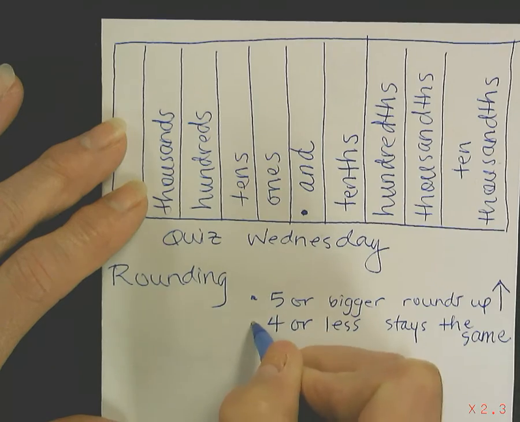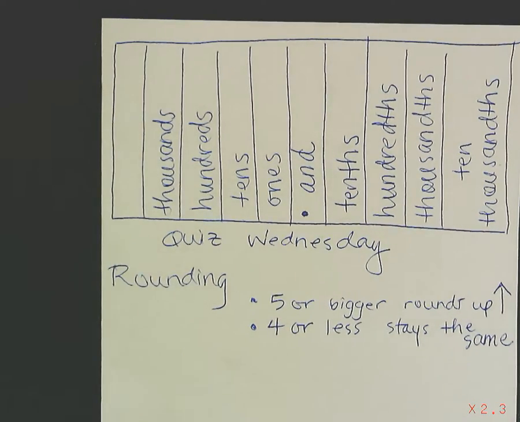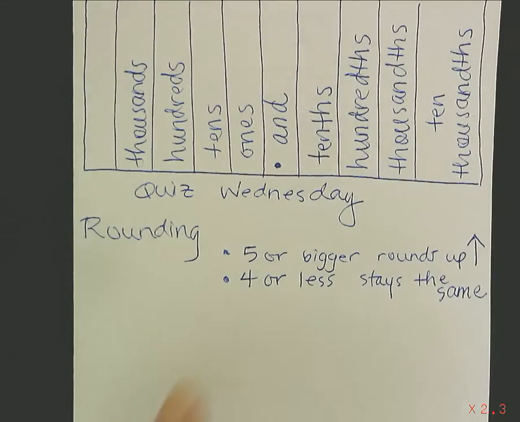Here are your 2 rounding rules. And we're going to get more specific than that, but these are the 2 things you need to remember. 5 or bigger. That means 5 or 6 or 7 or 8 or 9. 5 or bigger rounds up. 4 or less stays the same. 4 and the numbers smaller than 4: 4, 3, 2, 1, and 0. You stay the same. Okay?